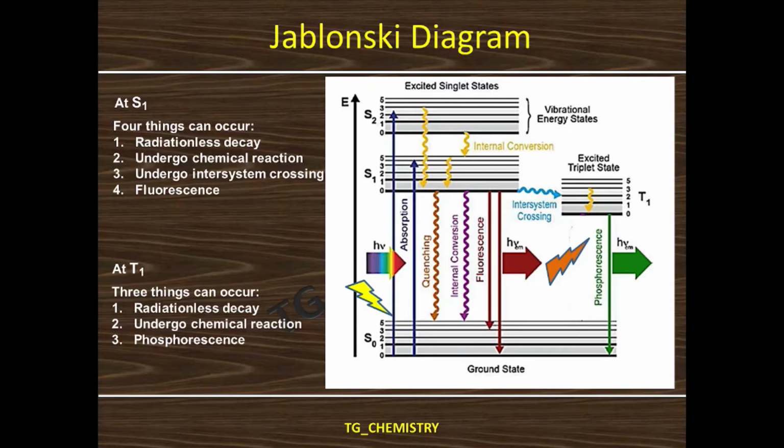And since most ground states are singlet, the excited state initially formed by absorption of light must be a singlet. Okay, now the internal conversion of excited states to lower energy states of the same multiplicity takes place rapidly with the loss of heat energy, or we can say the relaxation process.